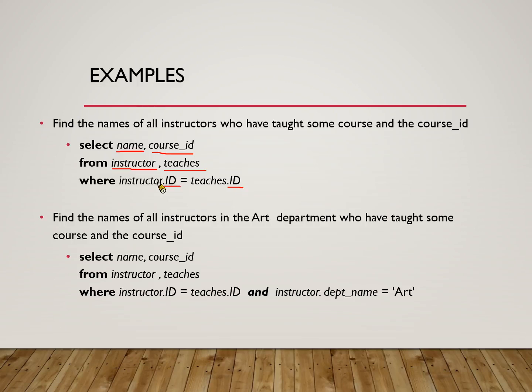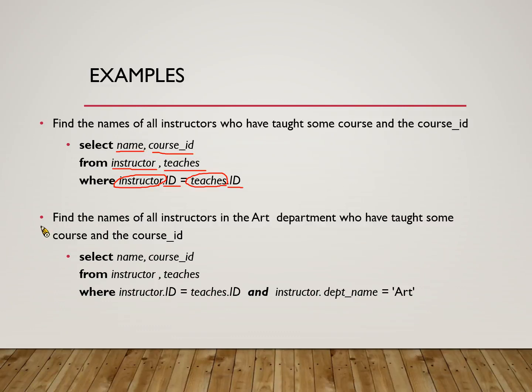However, these two relations have the same attribute ID, so we have to indicate the relation name, for example, instructor.ID equals teaches.ID. This query can help us join the tables of instructor and teaches with the same IDs, and finally display the instructor names and the course ID he taught.